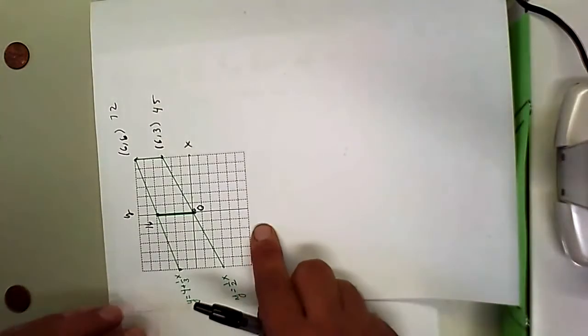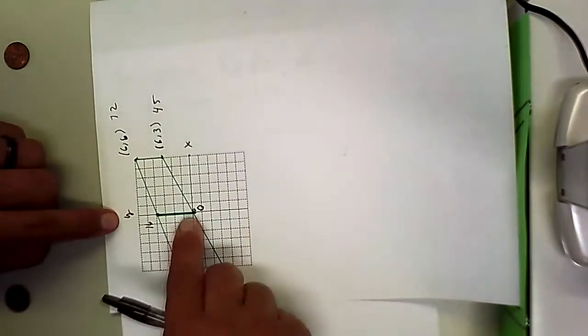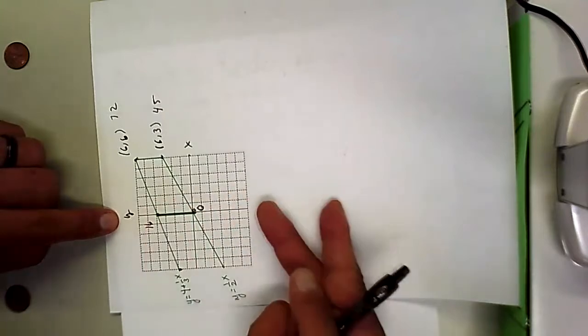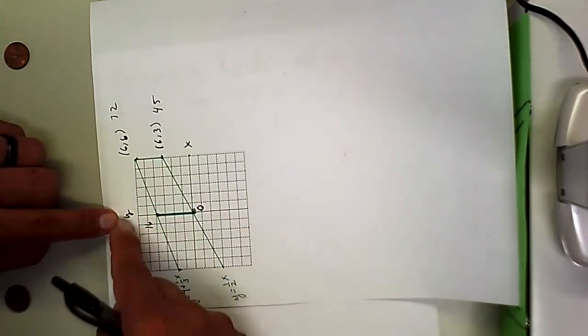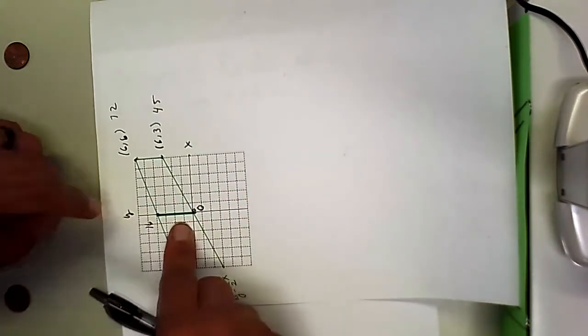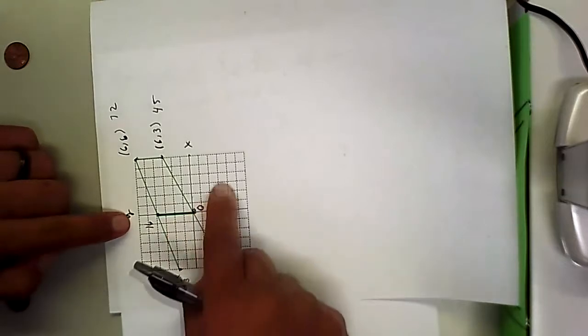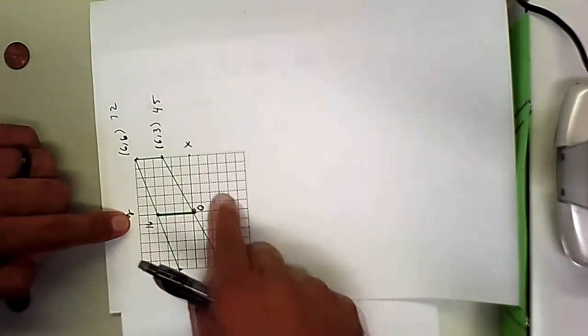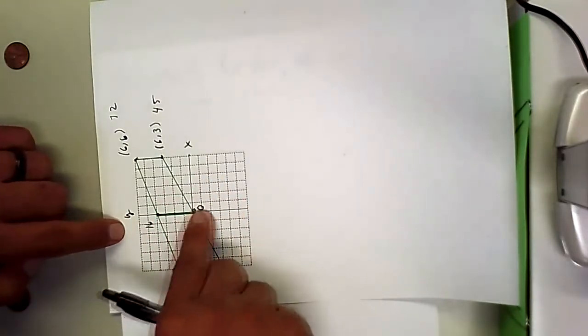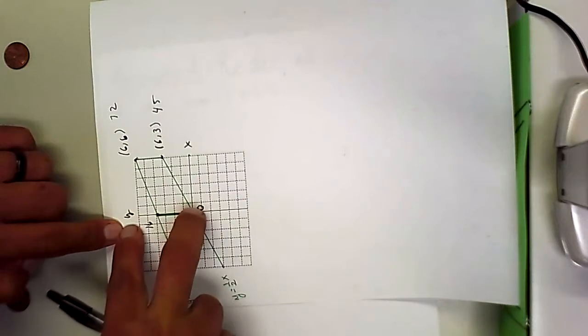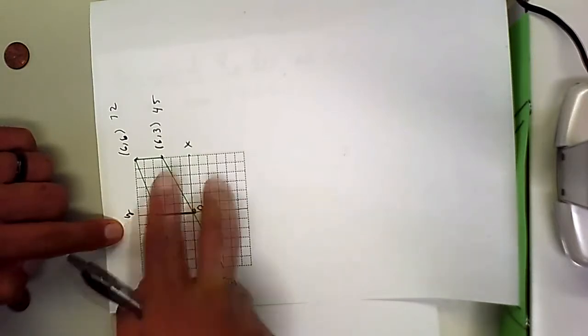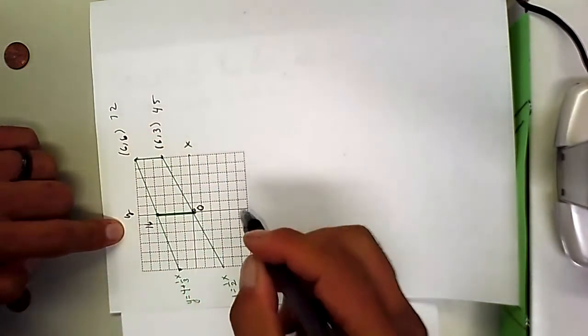Now this picture is backward because typically the positive y-axis should be on the right. I should have printed another piece of graph paper so we can see the y on the right. But this picture is technically backwards, but it doesn't matter. We'll still be able to handle this.